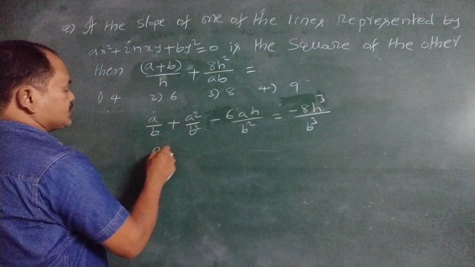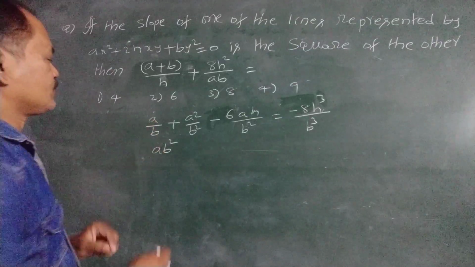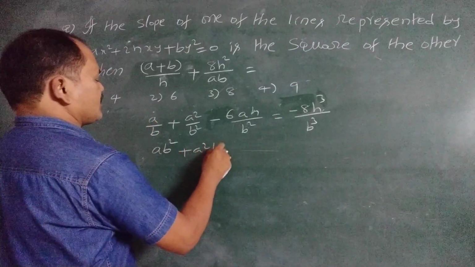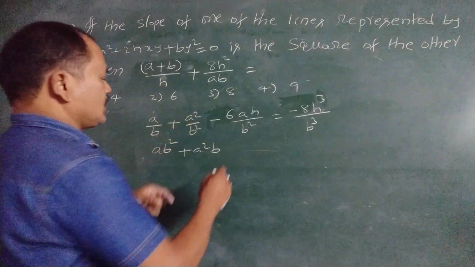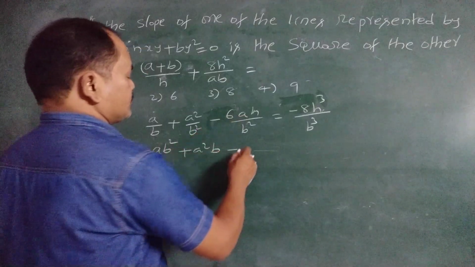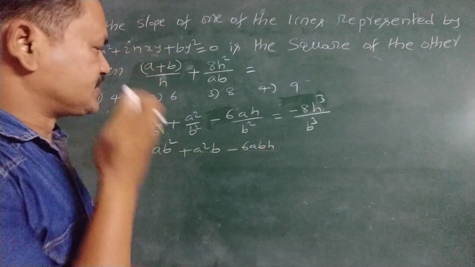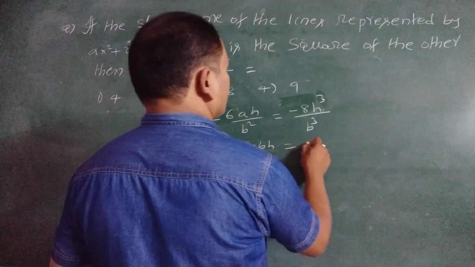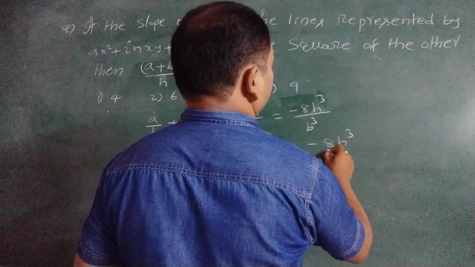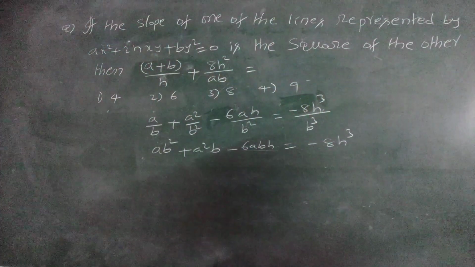Then it is ab square, since b cube by b is nothing but b square, plus a square b, since b cube by b square is b. Right. Now minus 6abh, since b cube by b square is b, is equal to minus 8h cube, since b cube gets cancelled.